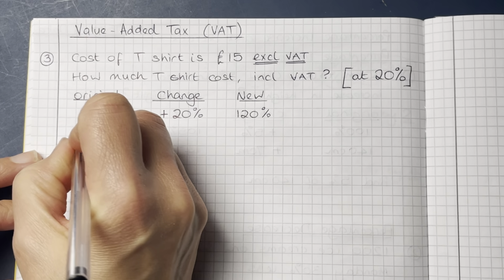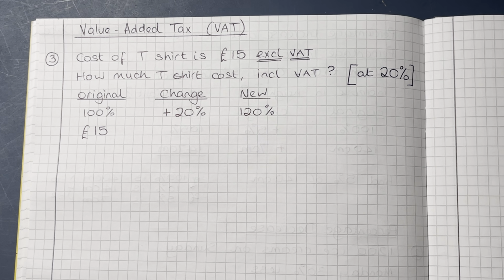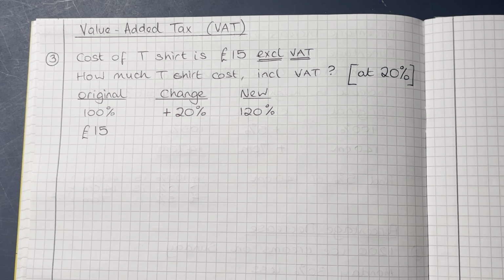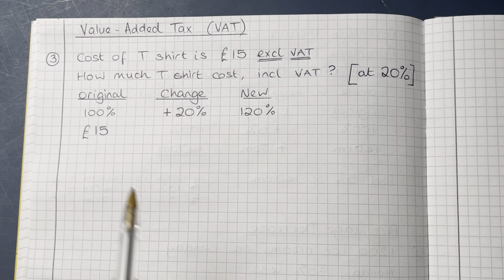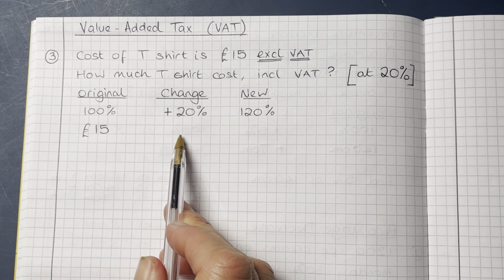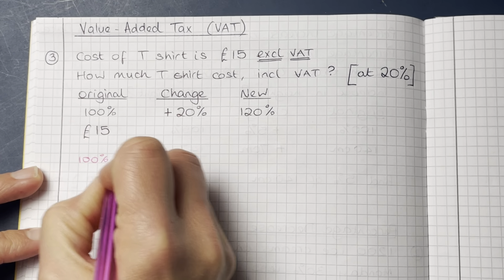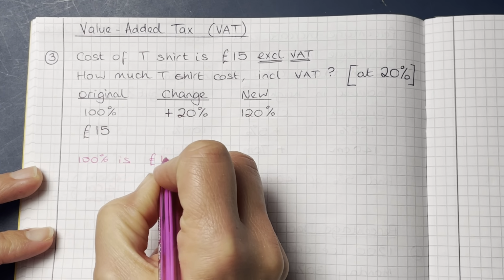My t-shirt originally, excluding VAT, before the VAT has been added, is £15. I want to work out what 20% is. So I know that the whole amount, 100%, is £15.